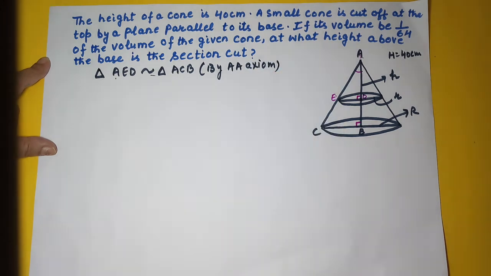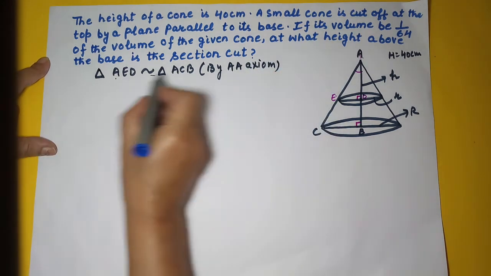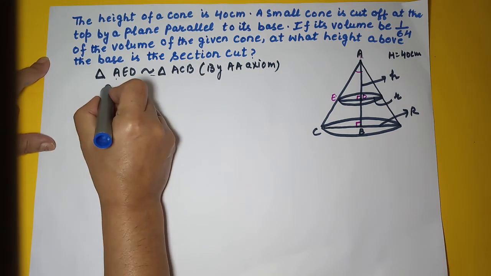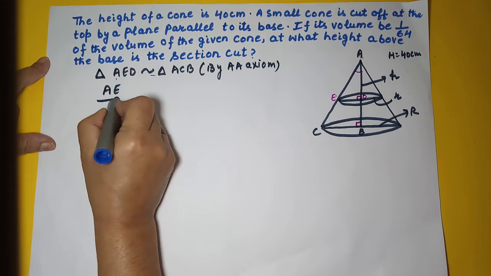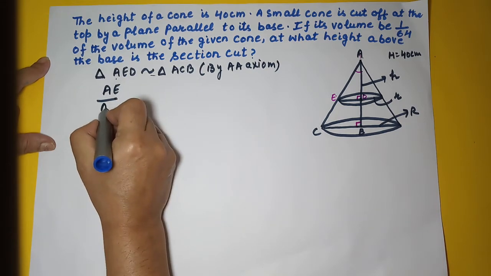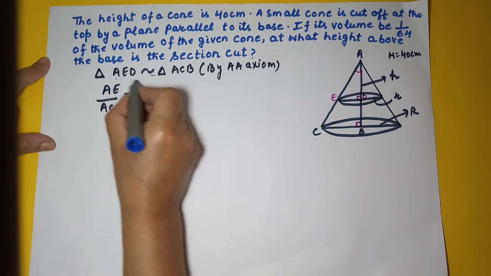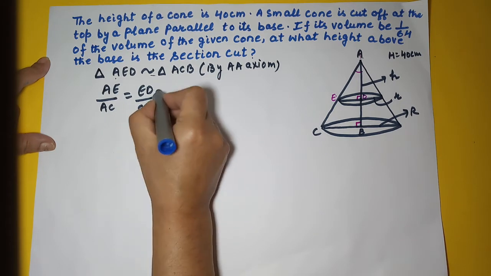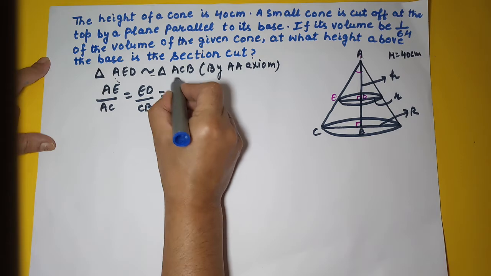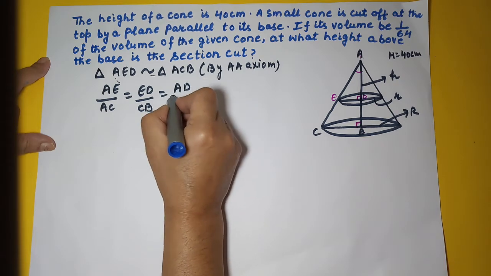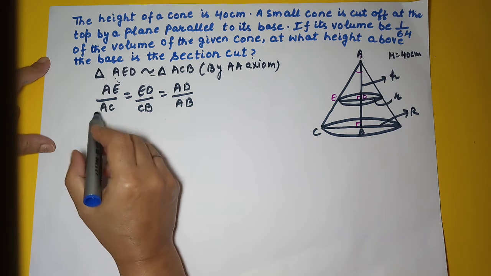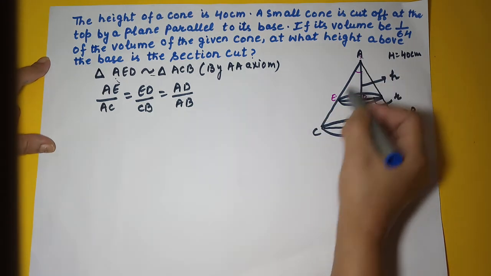So now when they are similar, we can say that their corresponding sides are proportional. That's what actually we require. So we can say that AE upon AC is equal to ED upon CB is equal to AD upon AB. Okay. Now let's see. AE and AC we don't require.